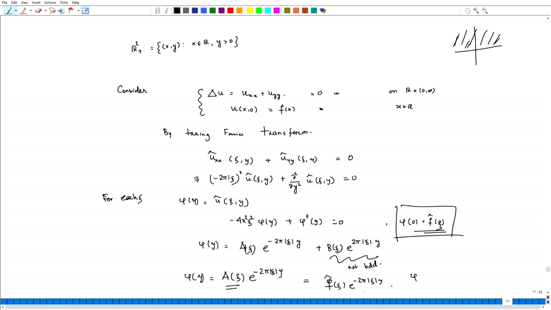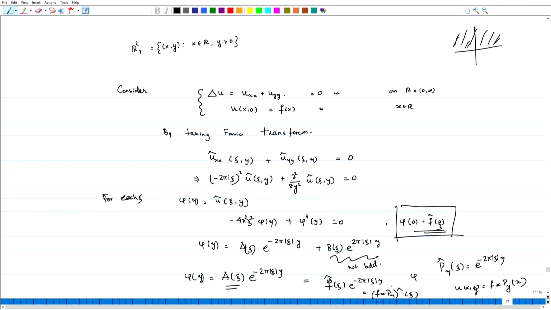And now, if I define p_y to be a function such that for each fixed y its Fourier transform is e to the power minus 2 pi mod xi y, then this is the Fourier transform of f convolution p_y at xi. Again, what we get is that the solution is u(x,y), which is equal to f convolution p_y of x.